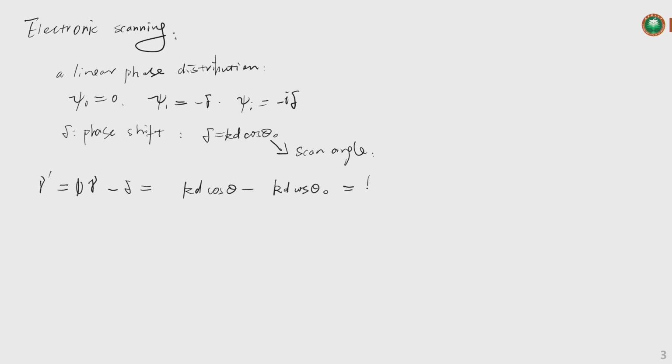So it equals kd times cosine theta minus cosine theta naught. Our array factor FA is a function of gamma. Then we can change it to gamma prime, just substituting this part by this part. Then we can get the expression for the electronic scanning arrays.